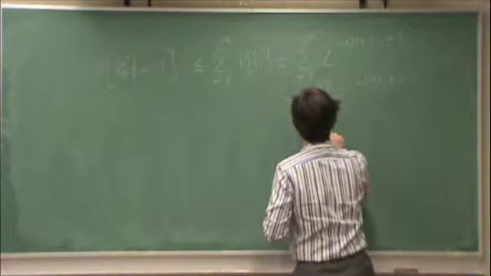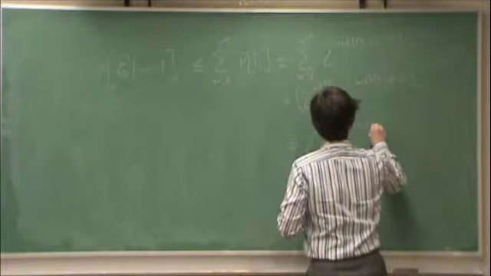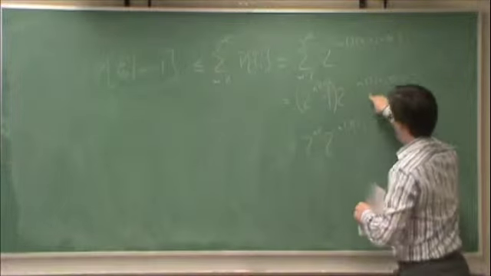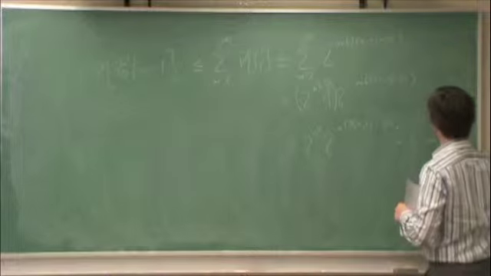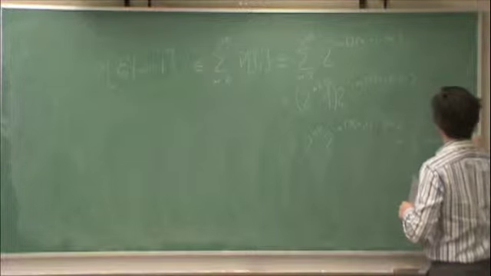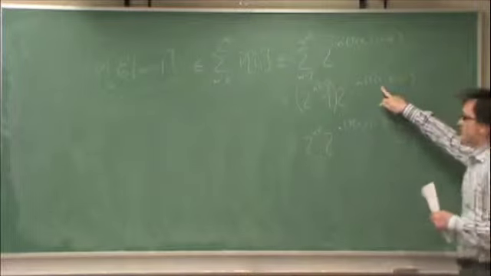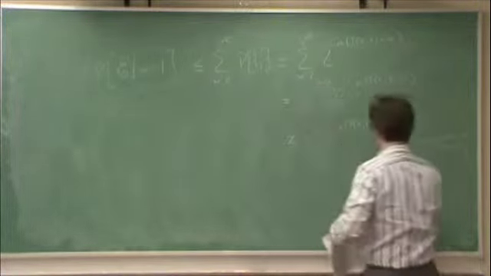NR, 2 to the minus n, mutual information, minus 3 epsilon, minus a term that vanishes as n goes to infinity. So minus 1, which is just, in fact, because this is less than or equal to, I can just drop that because it's positive.